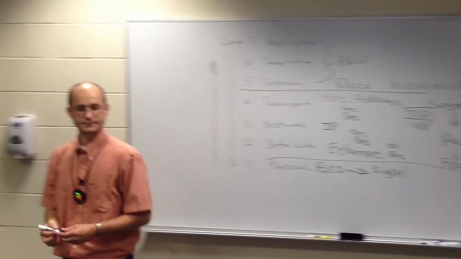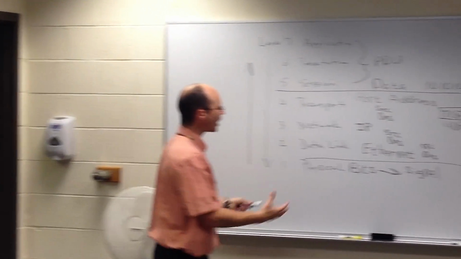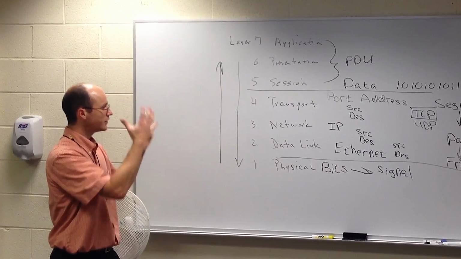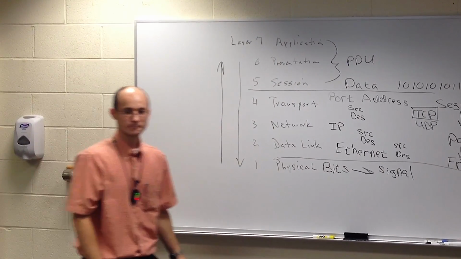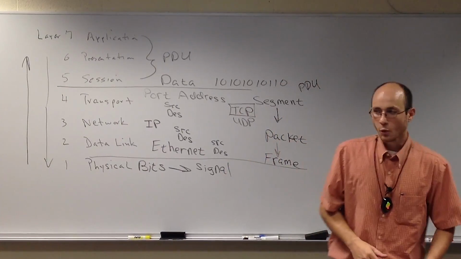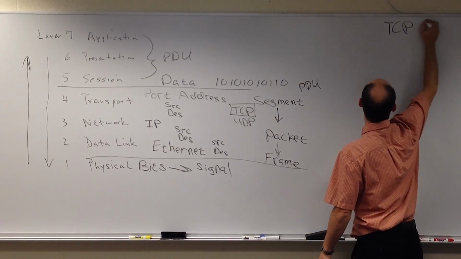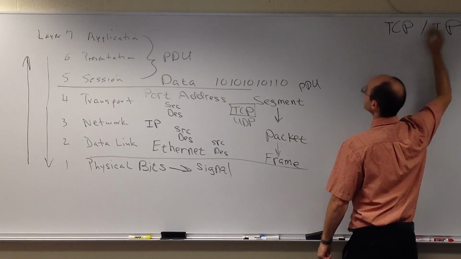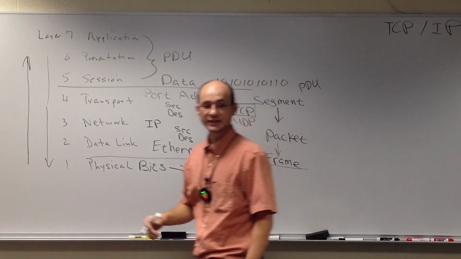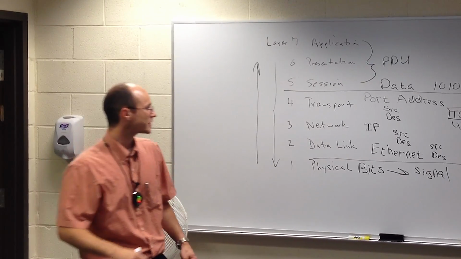That's it. Now, I tell my students there are other models that explain the same process. Some are less elaborate than this. One of the most popular models that we use as a substitute to the OSI model is called the TCP/IP model. Anybody want to take a guess why it's called TCP/IP?